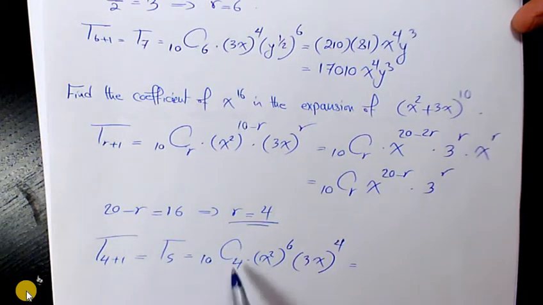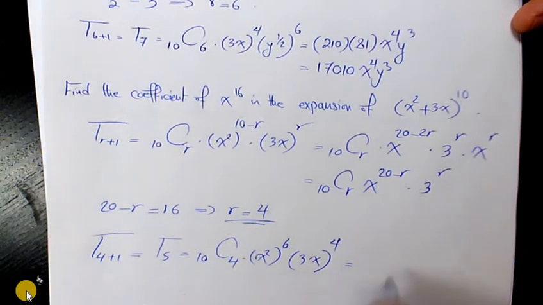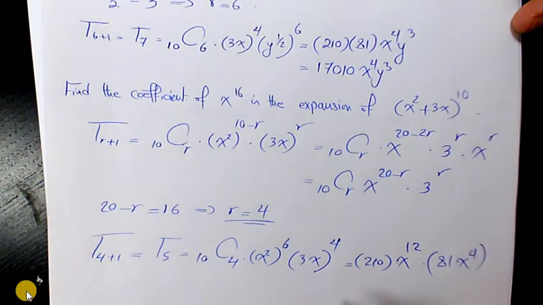So we are talking about 4 plus 1, which is T5, 10 C4, x squared to the power of 10 minus 4, which is 6, times 3x to the power of 4. So 10 C4 will be 210, x to the power of 12, 81 x to the power of 4.